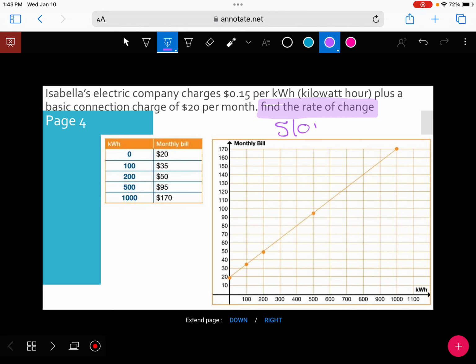So see what you can do. See if you can find that slope. There's many, many different ways to approach it, and we're going to find all the different approaches.